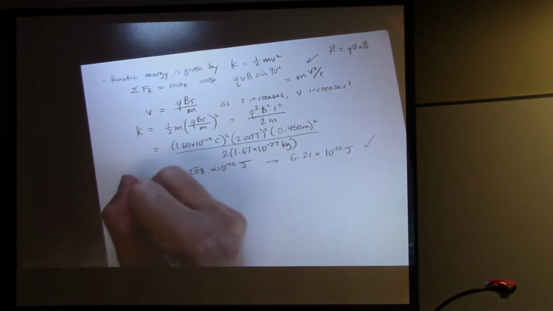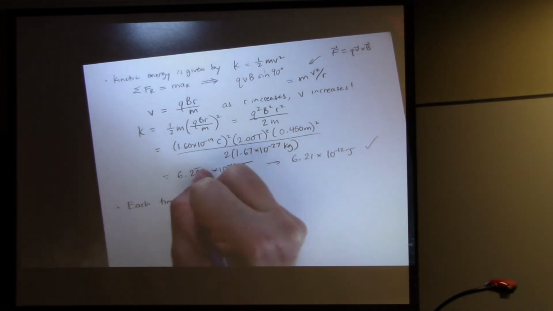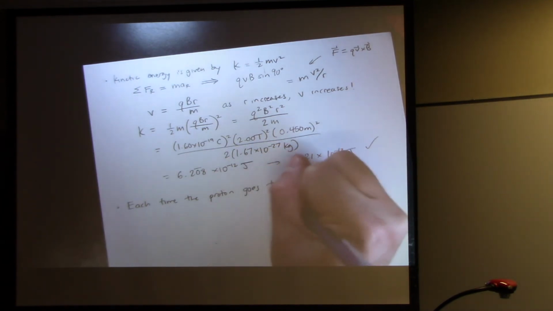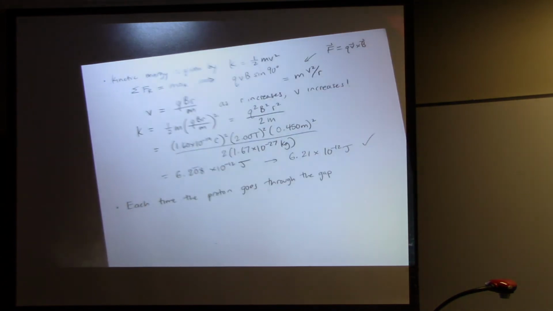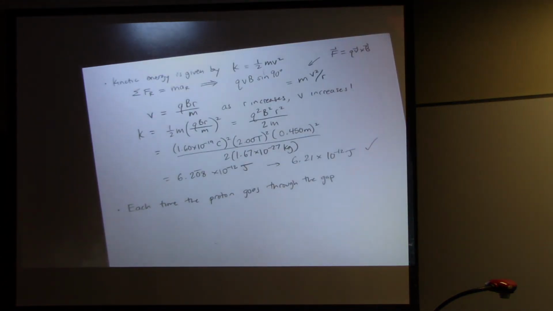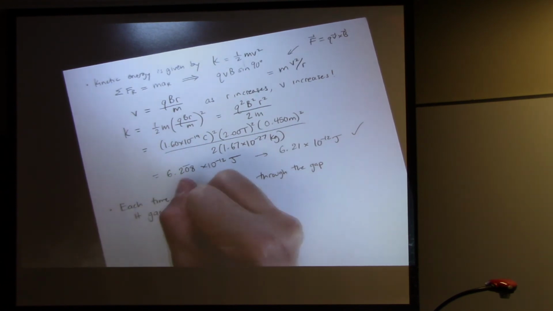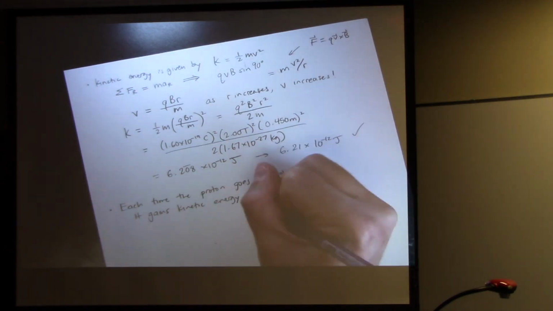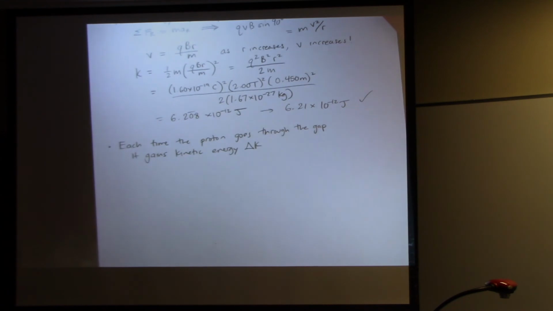So here, let's think about what happens each time the proton goes through the gap. It's going to gain some kinetic energy, and we'll call that delta K. It's gaining kinetic energy because, again, the electric field is pushing it to a higher speed.